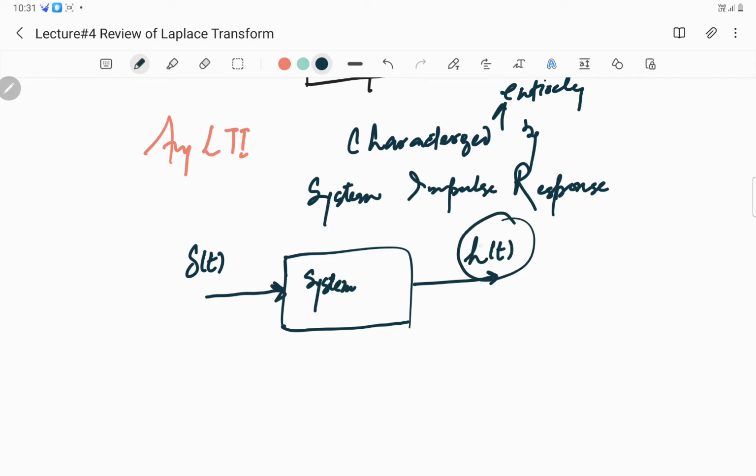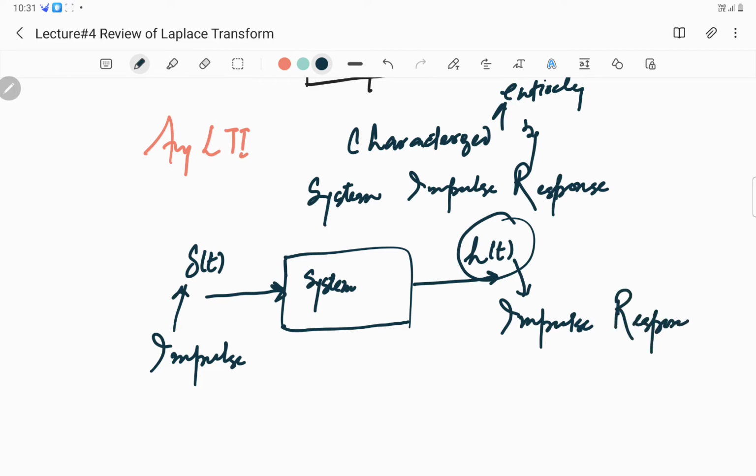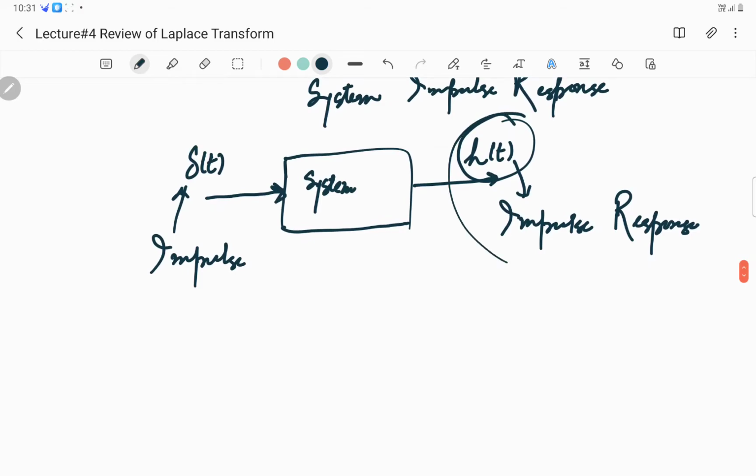So this h of t is basically the impulse response. Response to the impulse. Here I am applying an impulse, and the output that I get is h of t, which is called the impulse response. And if we know the impulse response of a system, we can characterize it entirely.